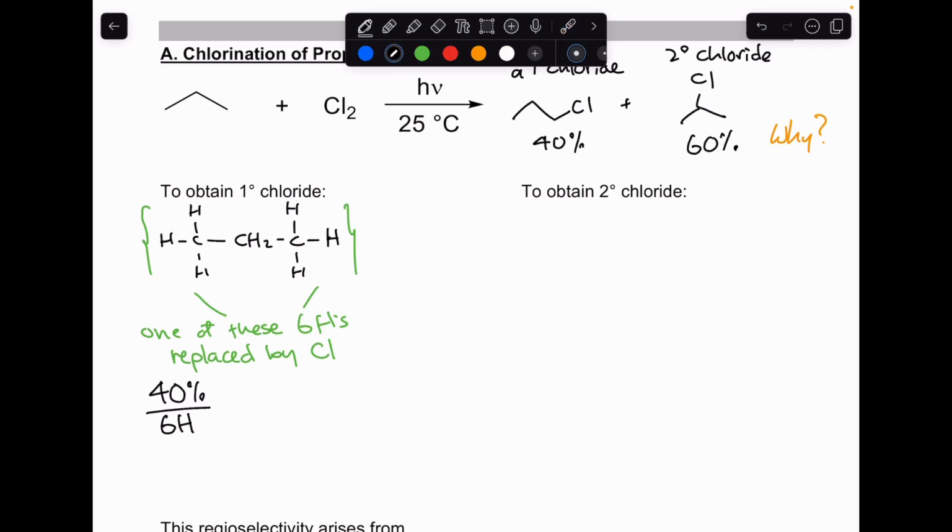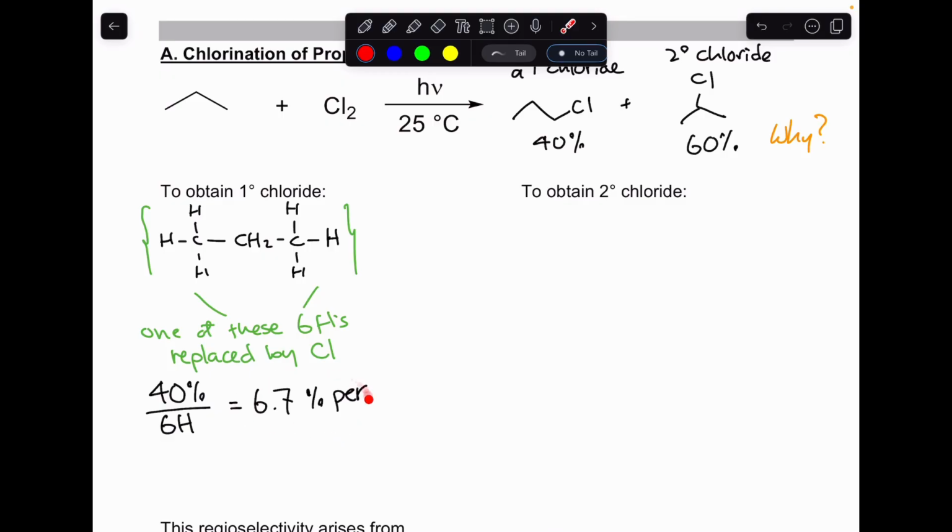And if we divide 40% by 6 hydrogens, what we should get is the reactivity of the primary hydrogen as opposed to the secondary hydrogen reaction. And hopefully by the time we're done here, it'll make sense.